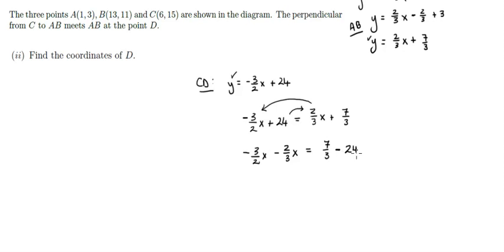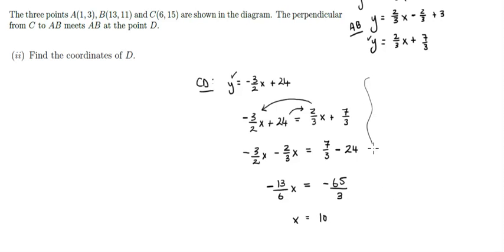So minus 3 over 2x minus 2/3 x is minus 13 over 6x, and 7 over 3 minus 24 is going to give us minus 65 over 3. And then to get x by itself, we divide both sides by minus 13 over 6. And that gives us an x of 10.